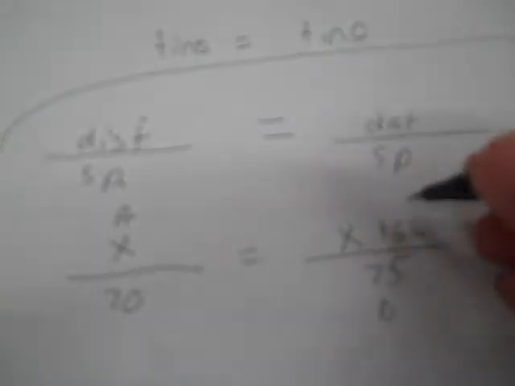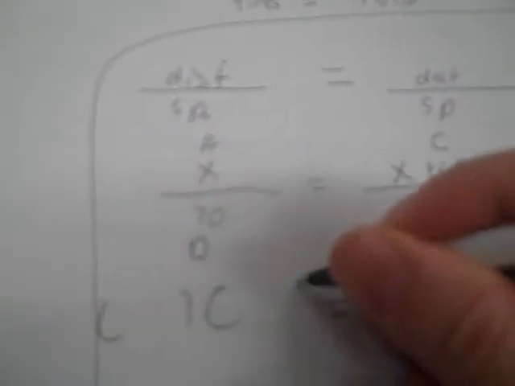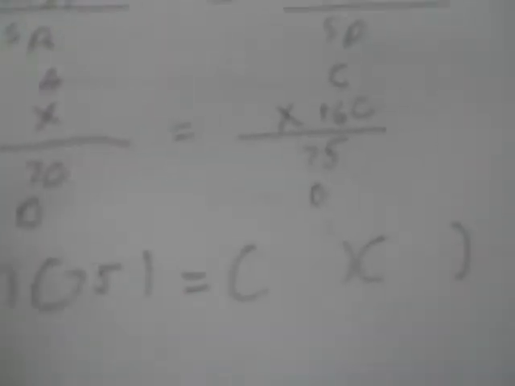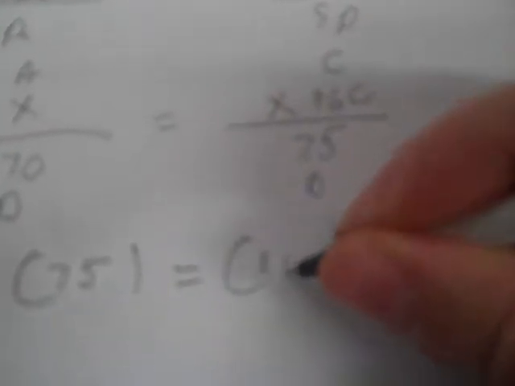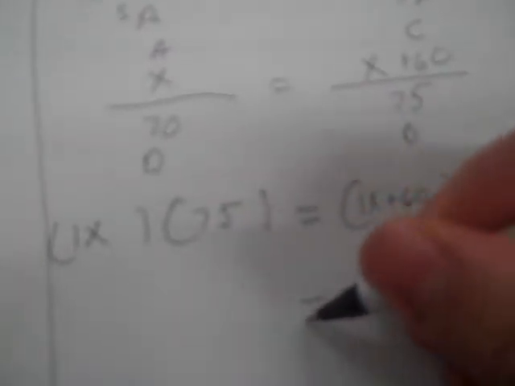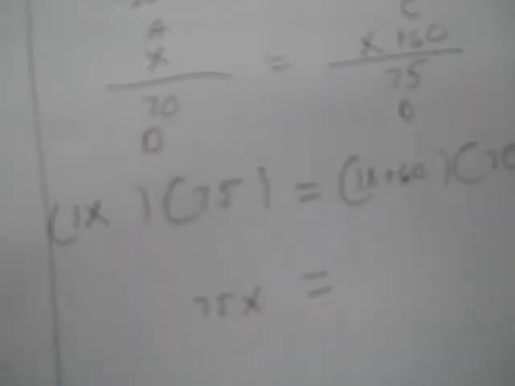All right, now we got to use the A, B, C, D method. So A is X. We'll be multiplying that by B, which is 75, 1X. C is X plus 60. That will be 1X plus 60, and then 70. Okay? 1X times 75 is 75X. That's all we got over there.